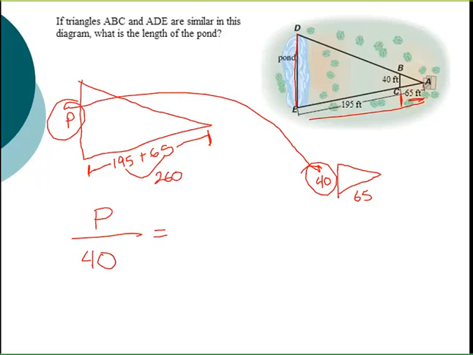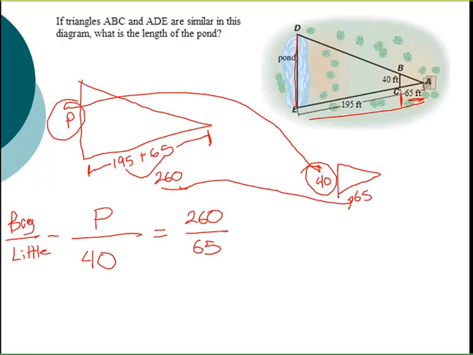So my big triangle part of 260 corresponds to my 65, so I put it over top of your 65, and now I have big triangle over little triangle parts, corresponding parts, is what I've got set up here. So P over 40 and 260 over 65.